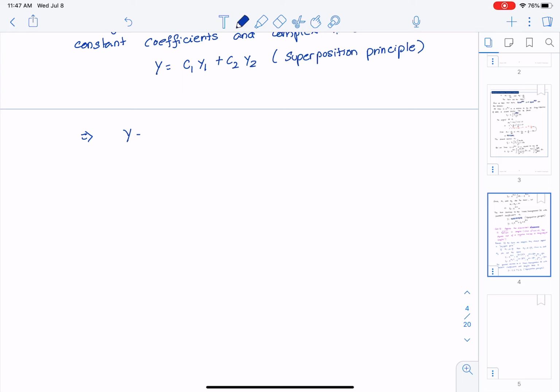So we would have y equals c1 e raised alpha plus i beta x plus c2 e raised alpha minus i beta x, which we write as c1 e raised alpha x multiplied by e raised i beta x plus c2 e raised alpha x, forgot to put the parentheses.